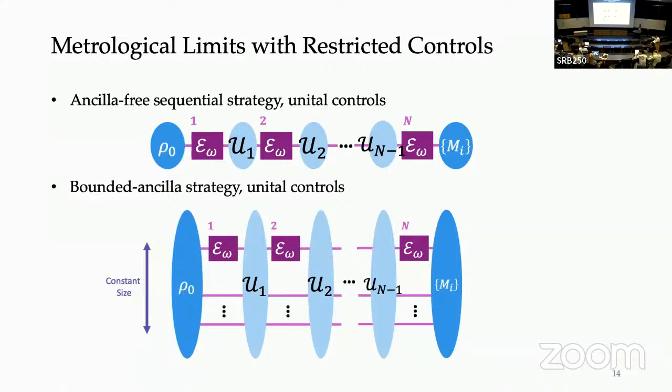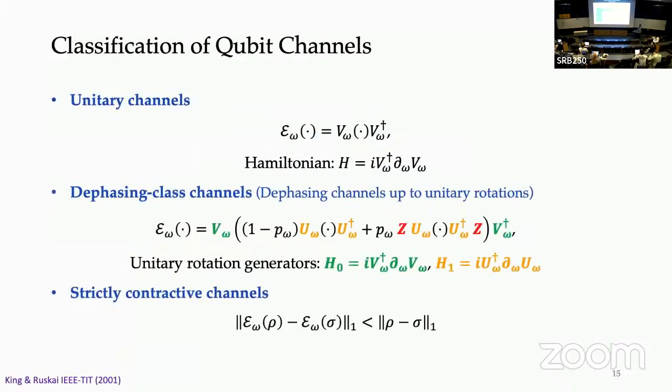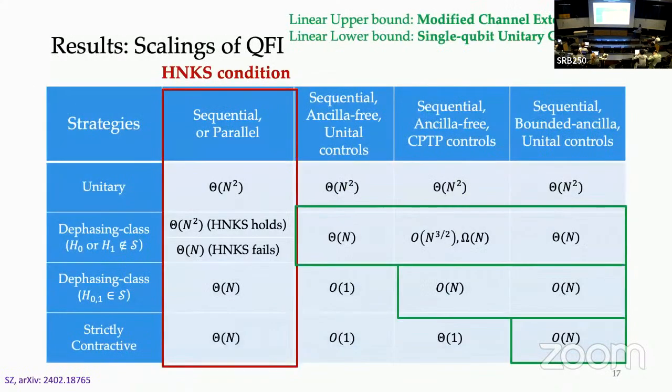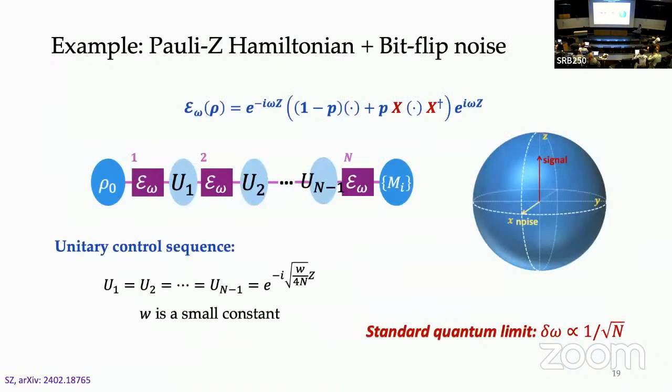Do you have any closed-form expressions for the control signals? Yeah. Since I only consider the single qubit case, it's actually quite simple analytically. It's just this type of unitary control, a rotation along the same direction as the signal.